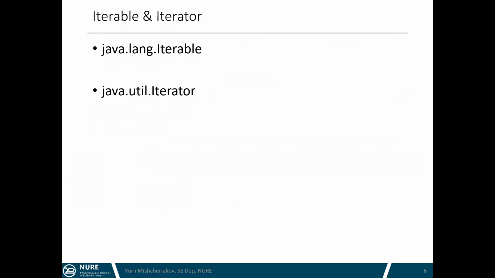This method is a factory method. It must be implemented in the container. Iterator allows us to go over the elements of the whole collection.